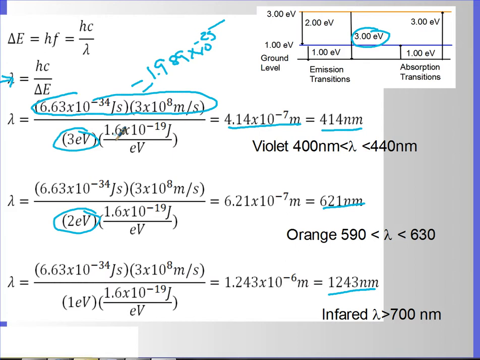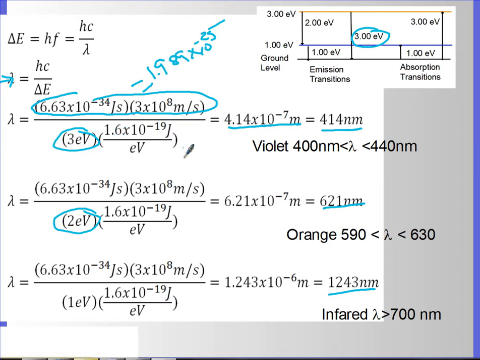Oops, didn't do that right. 1.989 times 10 to the negative 25 divided by 1.6 times 10 to the negative 19 is error. I'm just having trouble with this. Okay. 1.989. Now I'm determined, folks. Times 10 to the negative 34 times 3 times 10 to the 8th divided by 1.6 times 10 to the negative 19 gives me 3.73.